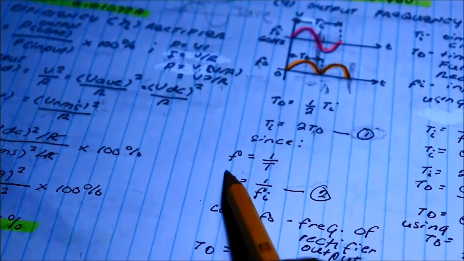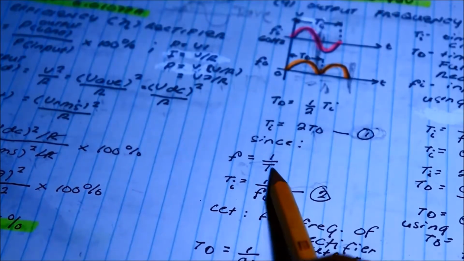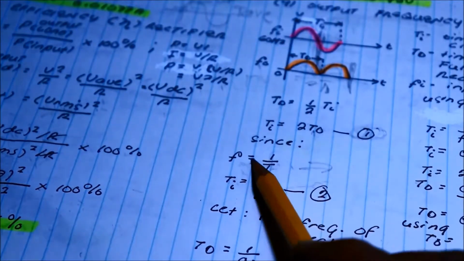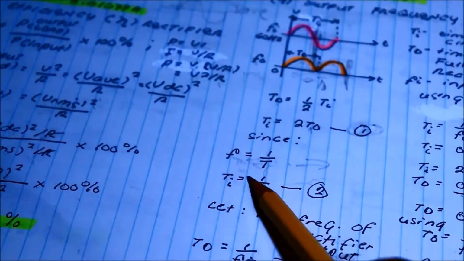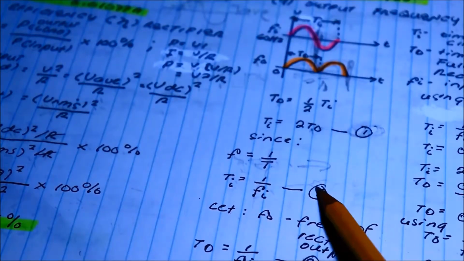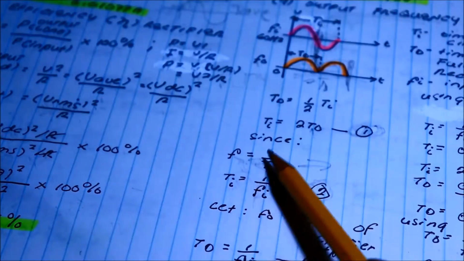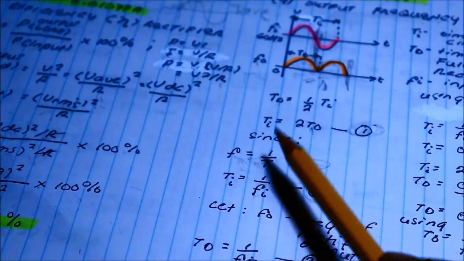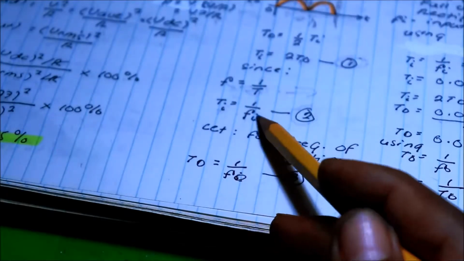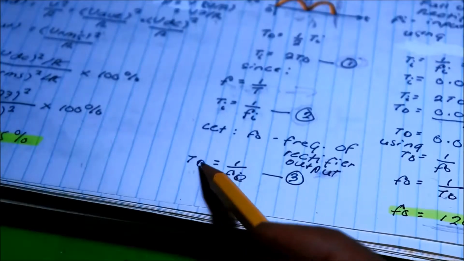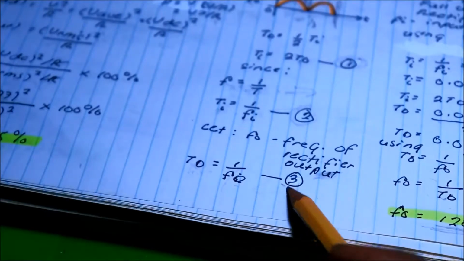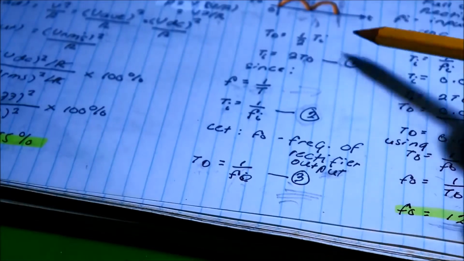Since we know that frequency is equal to 1 over time period, this is already a formula. Transposing, the time period in terms of input is Ti = 1 over Fi. So we got equation 2. In terms of the output, To is equal to 1 over Fo. That is equation 3. So we got 3 equations.